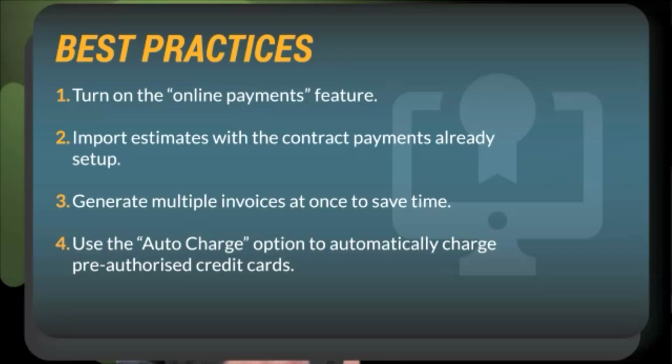Another key best practice when it comes to invoicing with Element is, when you're creating your original estimates at the very beginning, please ensure that you're setting up your contracts. If you are setting up monthly or seasonal billing, please set up what your monthly payment schedule will look like.